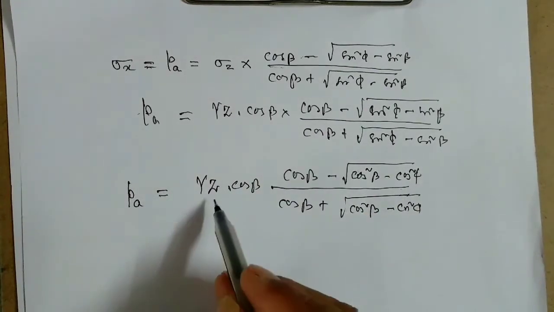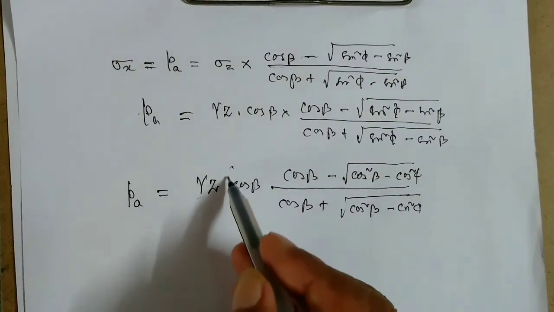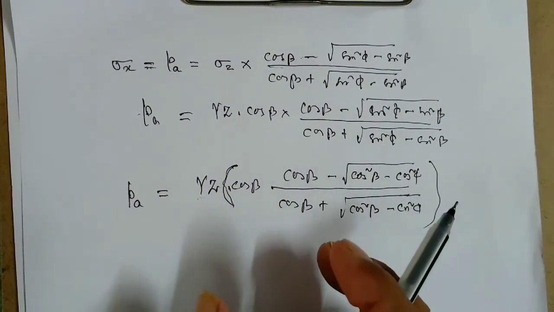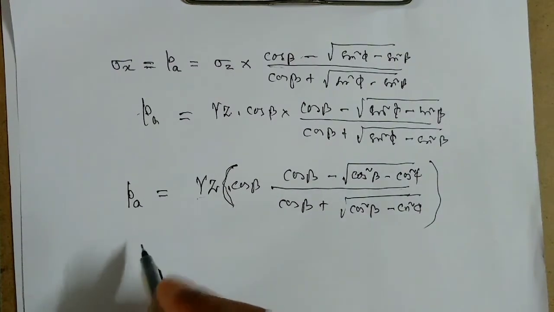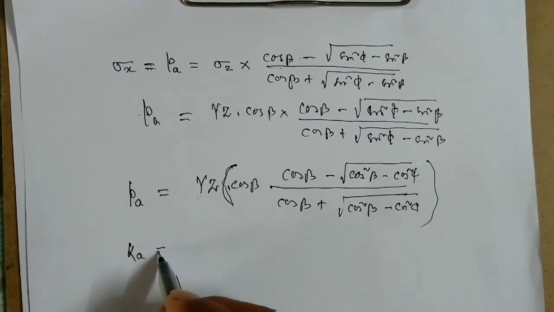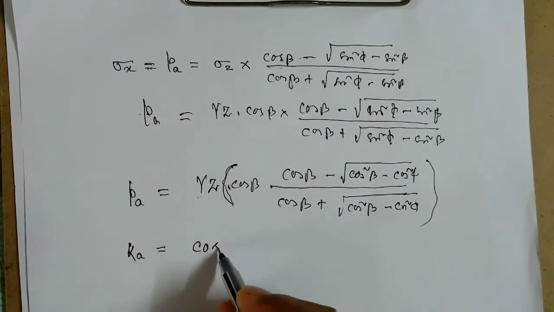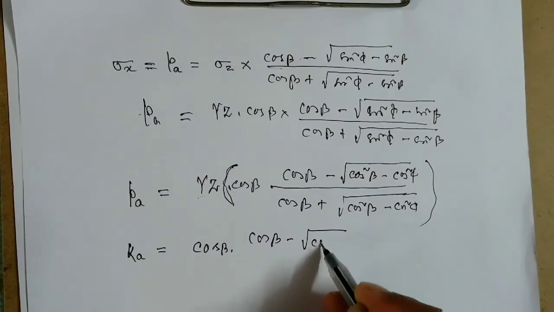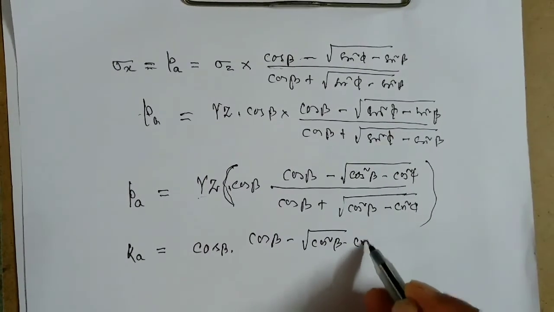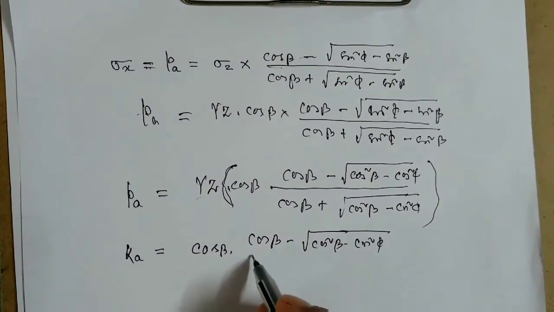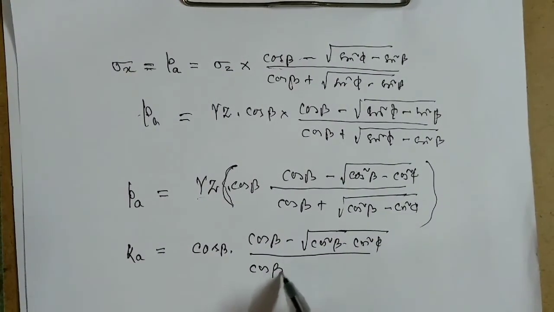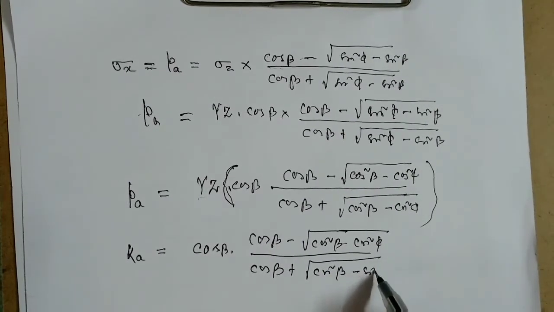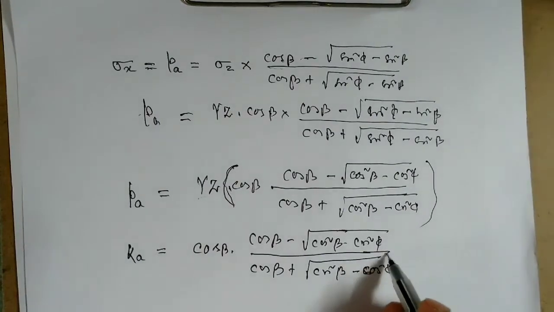In this expression, leaving gamma z aside, the remaining part is given a name, which is coefficient of active earth pressure, Ka. So Ka, coefficient of active earth pressure, is cos beta minus root over of cos square beta minus cos square phi, whole by cos beta plus root over of cos square beta minus cos square phi.